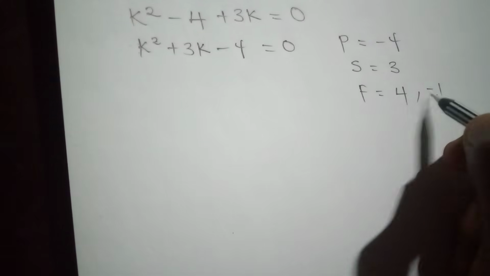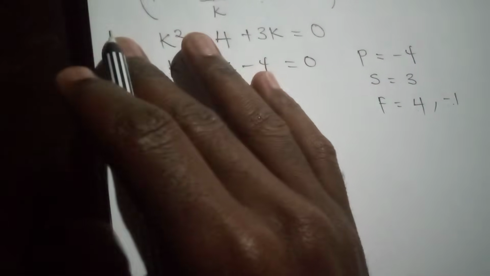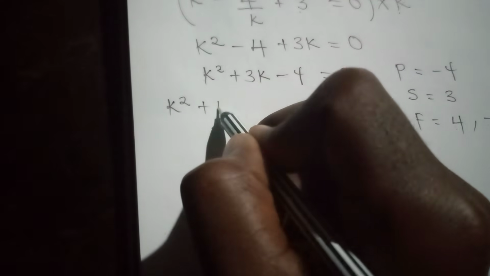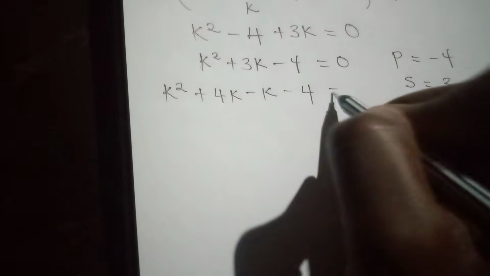When I add these two, I'm going to get positive 3. So that is k square plus 4k minus k minus 4 is equals to 0.